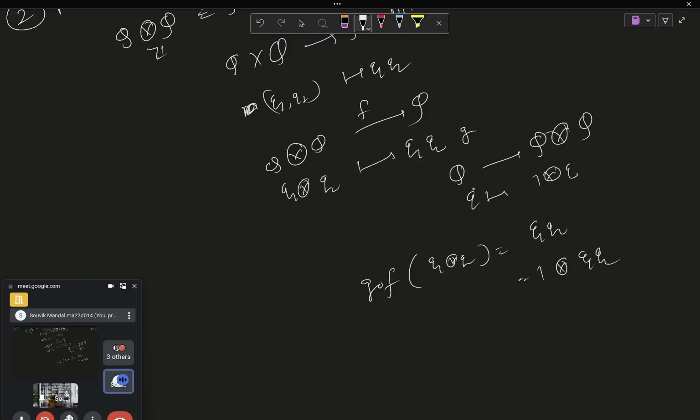Now there is a trick. The point is this tensor is taken over Z, so you can't put the Q from one side to the other side.